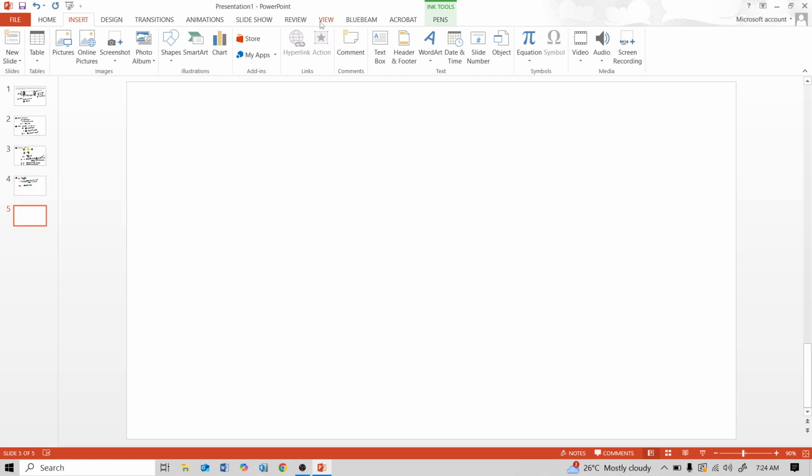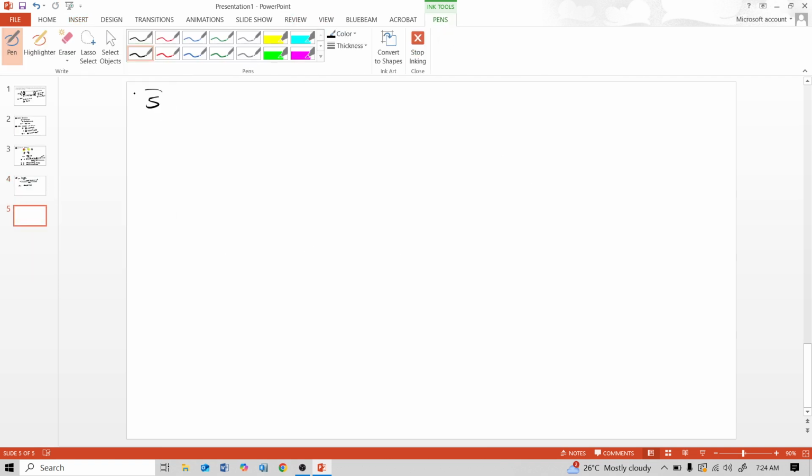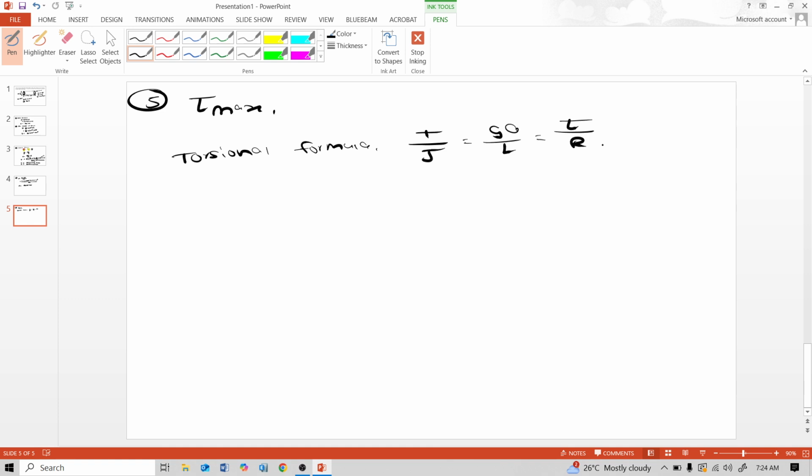And the next step, the second objective, is to find the maximum shear stress by using the same torsional formula: T by J is equal to G theta upon L is equal to tau upon R. We have this T and we have this J also, so use the T upon J is equal to tau upon R formula.